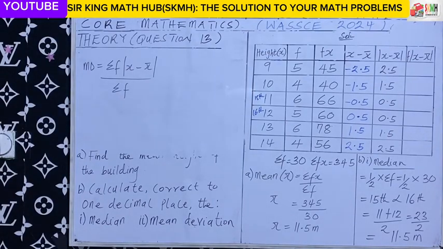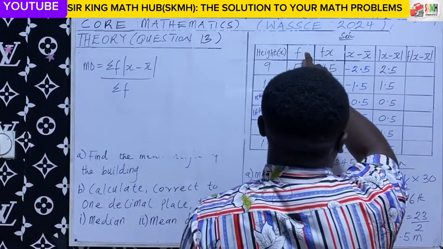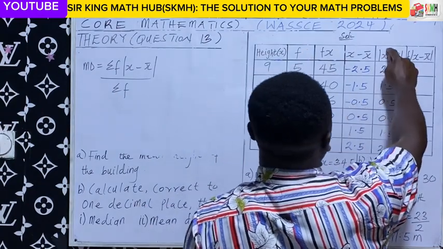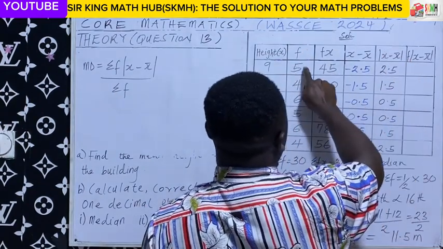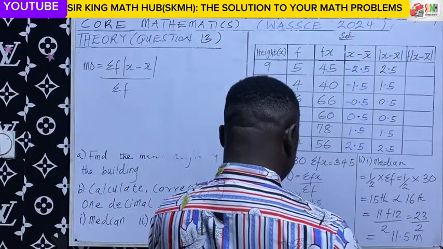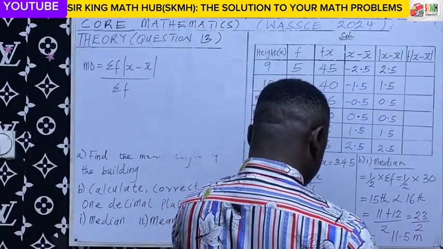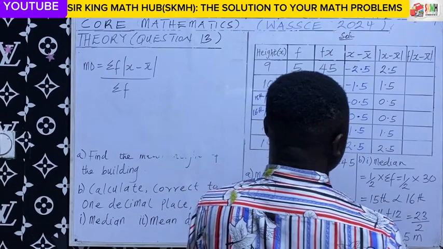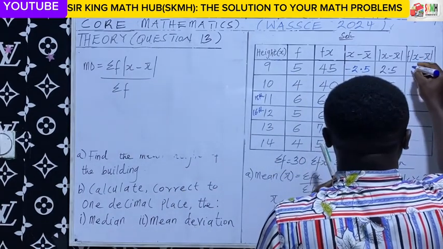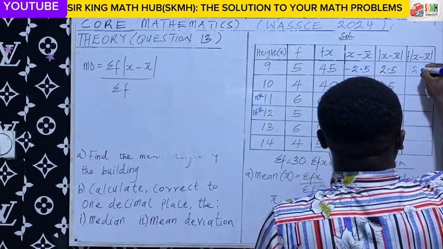Let's do that. So the first one. It means we are multiplying the frequency by the absolute value of x minus mean. So the first one, 5 multiplying 2.5, we have 12.5.